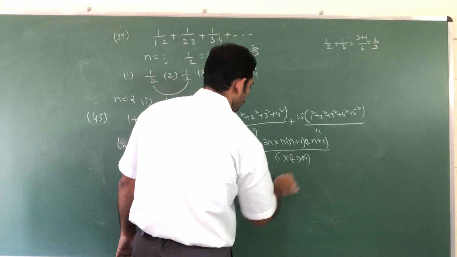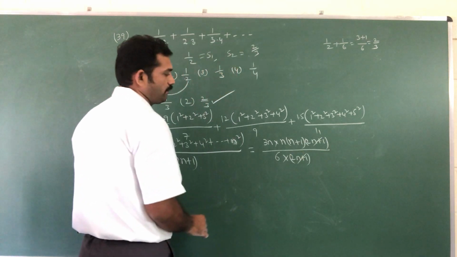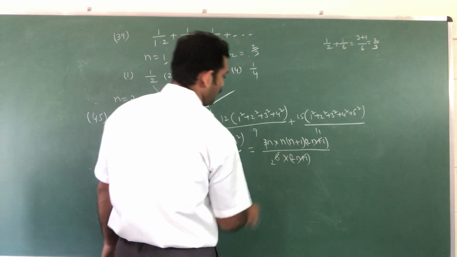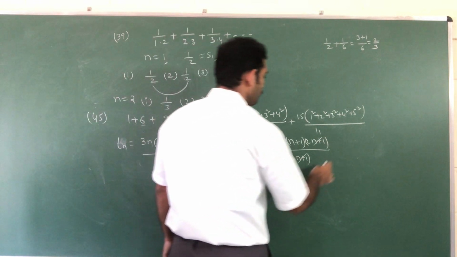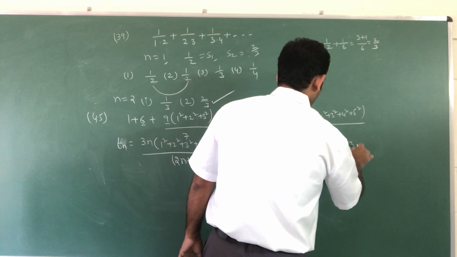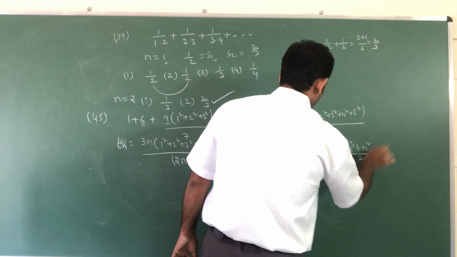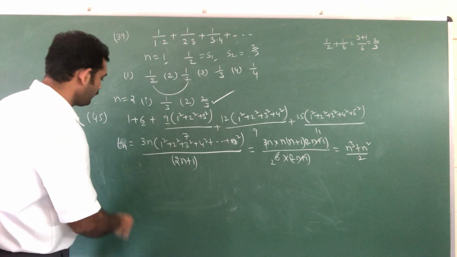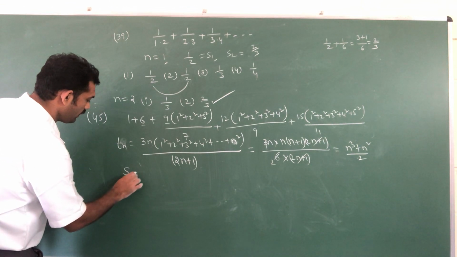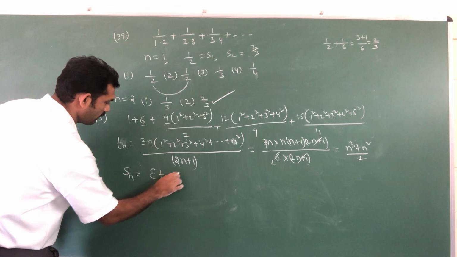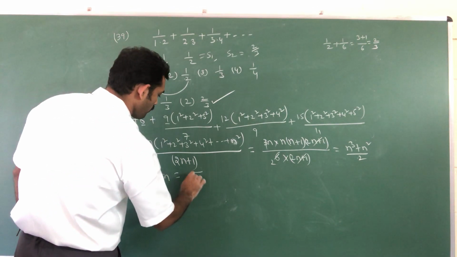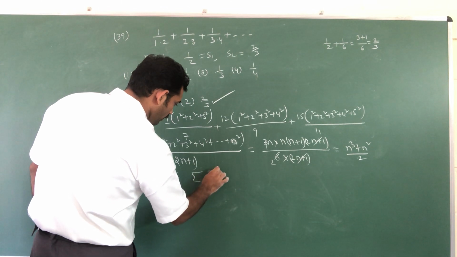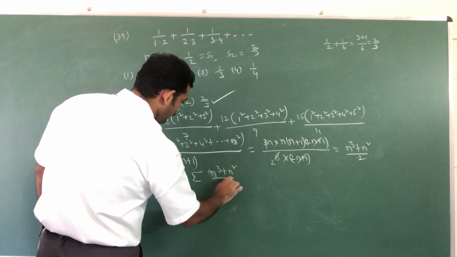So 2n plus 1 and 2n plus 1 cancel, and divided by the remaining, n into n cube. So n cube plus n square divided by 2, that is Tn. So Sn is equal to sigma Tn, sigma of n cube plus n square divided by 2.